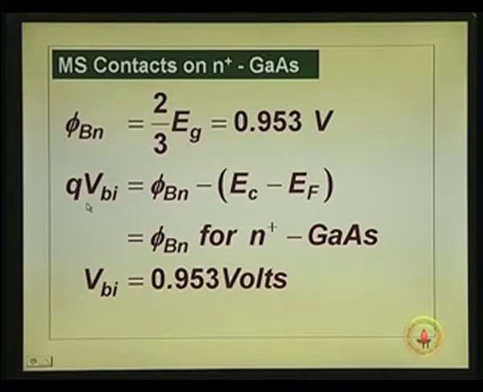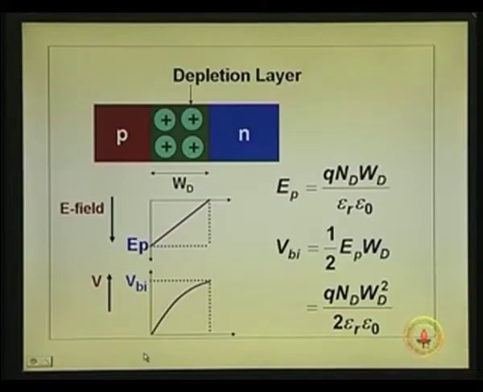Now, from the diagram we have seen that Q V B I is equal to phi B n minus (E c minus E f), where E c is the conduction band edge, E f is the Fermi level, and in the heavily doped semiconductor, E c minus E f is extremely small, and it can be said it is almost equal to 0. Therefore, Q V B I will be equal to phi B n minus 0, which is equal to phi B n for n plus gallium arsenide. So, therefore, V B I is equal to 0.953 volt.